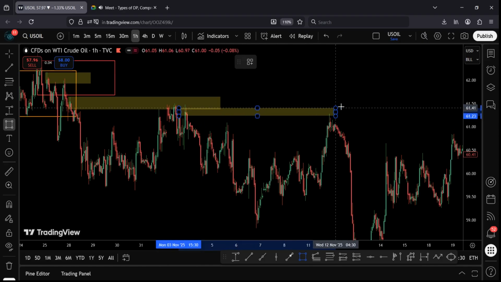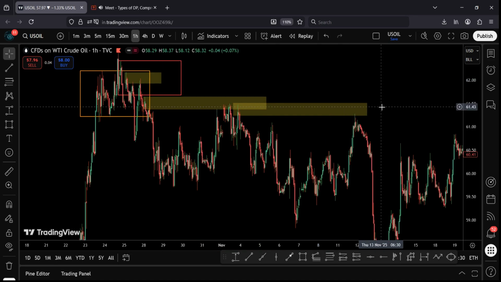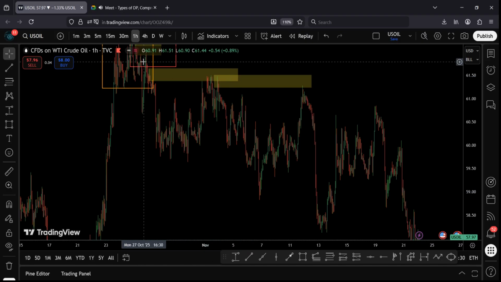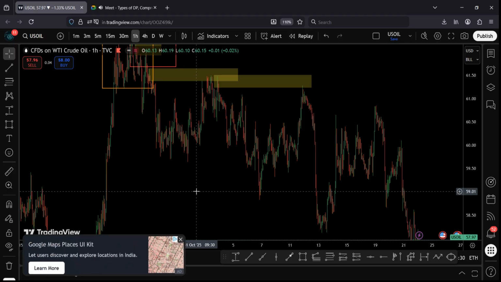Here to here, right? And then came down again. You see this variation here. It may be possible that you see different variations of how the price comes down.